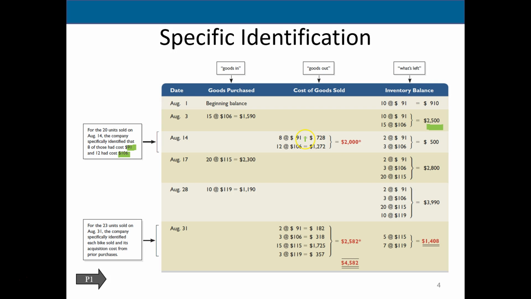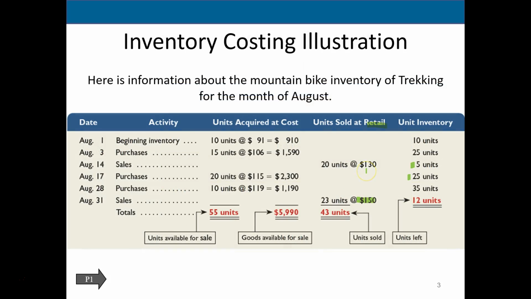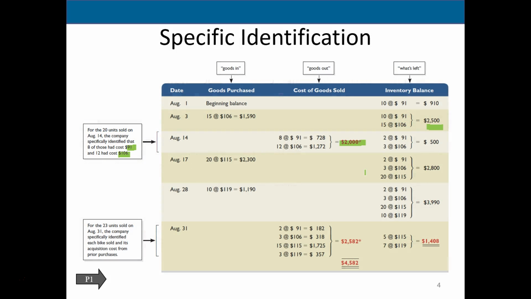But they cost 91 for 8 of them, and 12 of them cost 106. Therefore, the cost of goods sold, the expense that's going to reduce net income, will be 2,000. So we sold them for 130 times the total that we sold, and we're going to record revenue on that. Then we have an expense of 2,000 on the income statement.